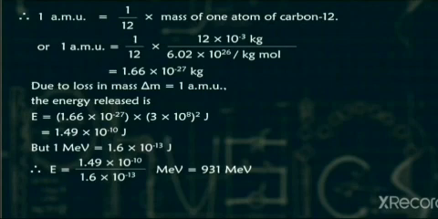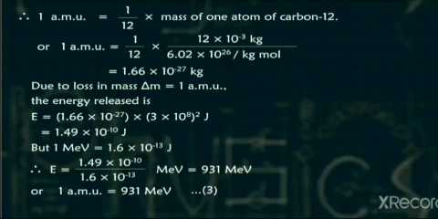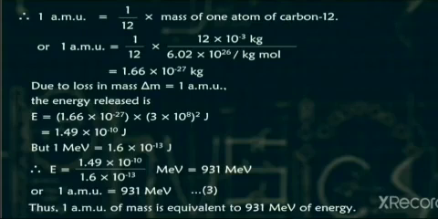Therefore, E = 1.49 × 10^-10 / 1.6 × 10^-13 mega electron volt = 931 mega electron volt, or 1 AMU = 931 MeV. Let this be equation 3. Thus, 1 AMU of mass is equivalent to 931 mega electron volt of energy.